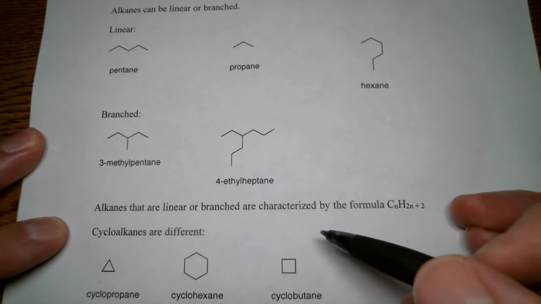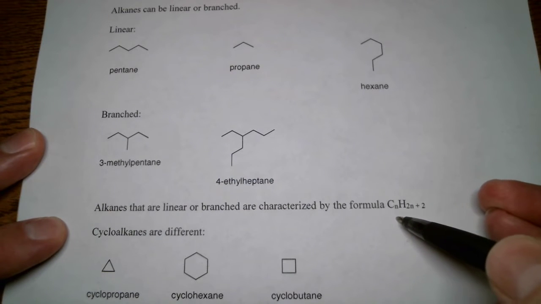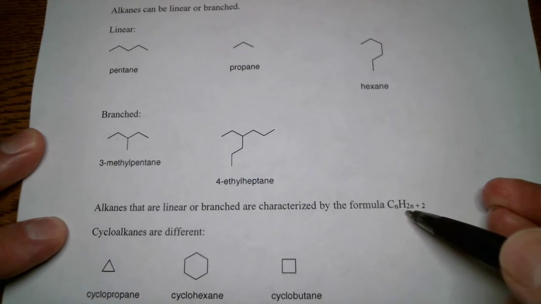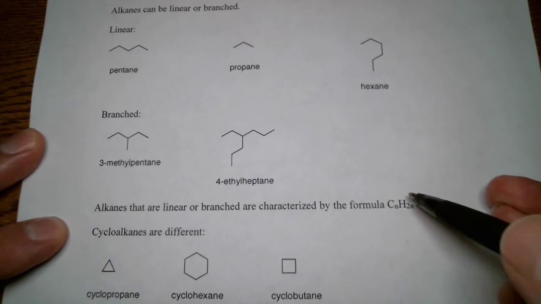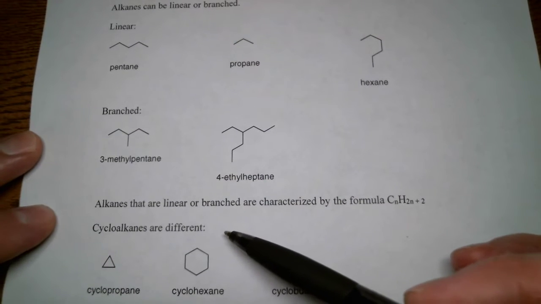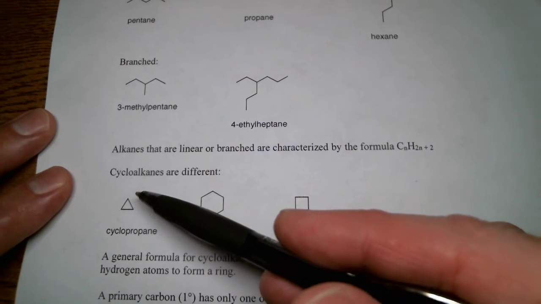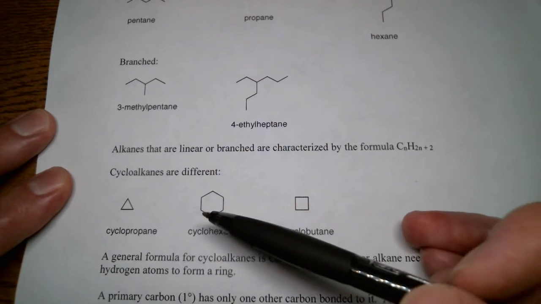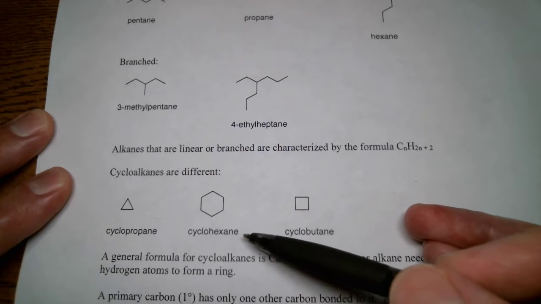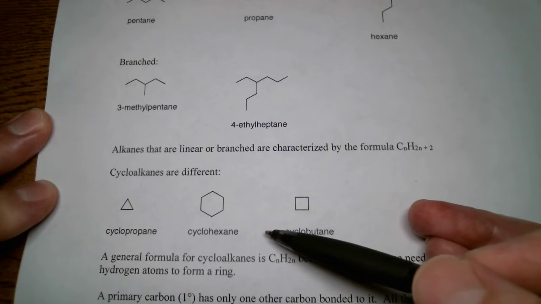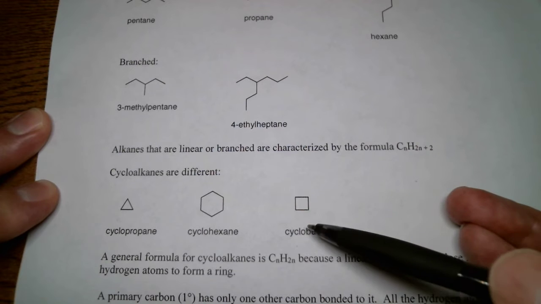Alkanes that are linear or branched are characterized by the formula CnH2n+2. Cycloalkanes, of course, are different. Here we have cyclopropane. It's a 3-membered ring, highly strained. Here we've got cyclohexane, which kind of lacks strain. It's a 6-membered ring.